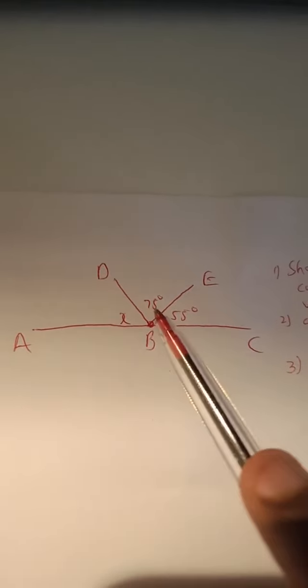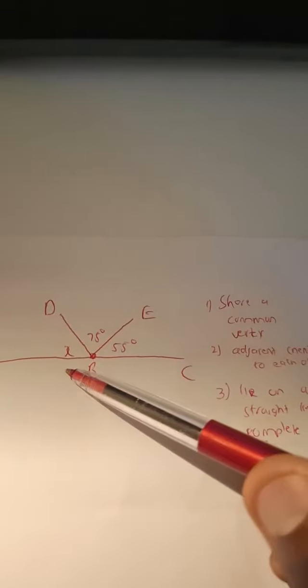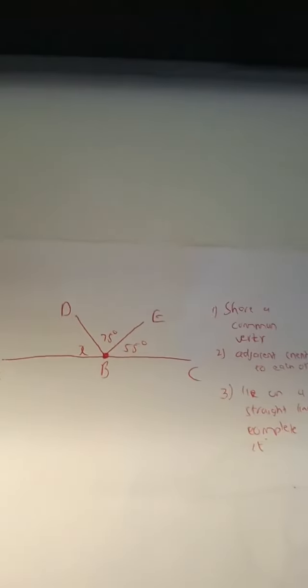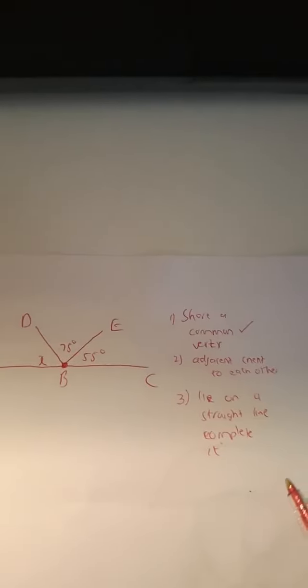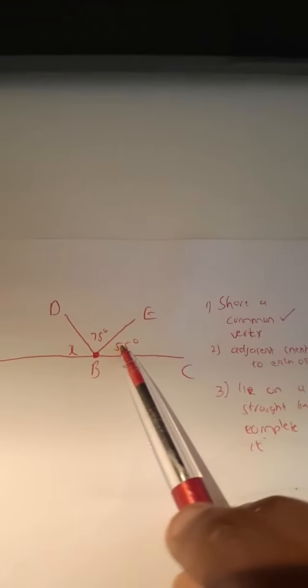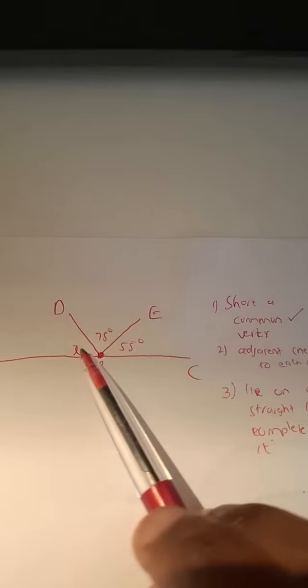Okay, please guys, very important. So I'm saying ABC is a straight line. So one, these three angles all share a common vertex B. That's the first criteria that qualifies it as angles on a straight line. Two, they are adjacent. In other words, 55 degrees, 75 degrees, and X are all next to each other.